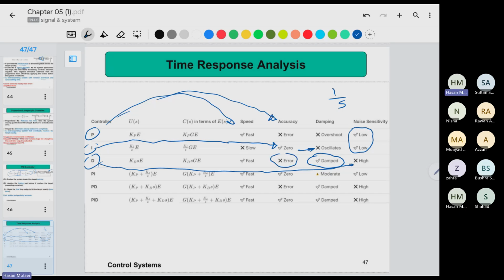And it doesn't do anything for the accuracy to get the error to 0. And then with the combination of the other things, you can improve all of the aspects. If you combine all of these, you can optimize everything to get better performance in your region of operation.